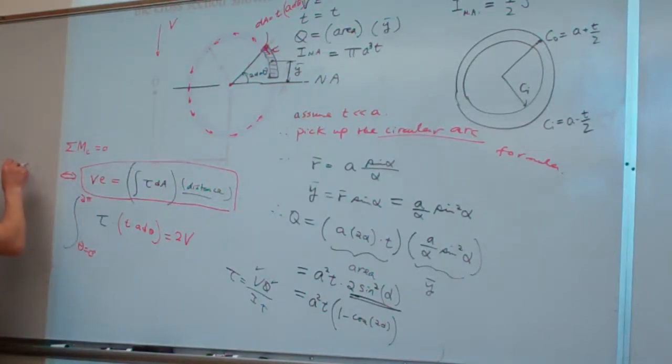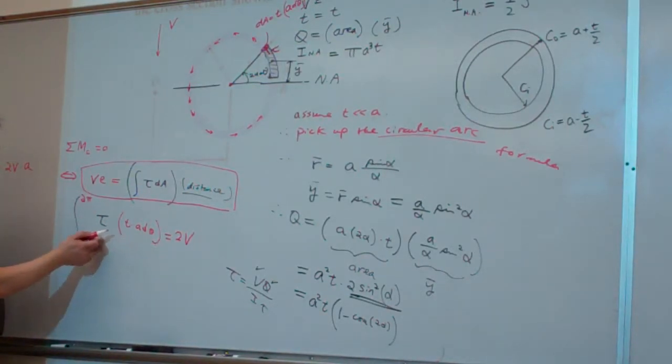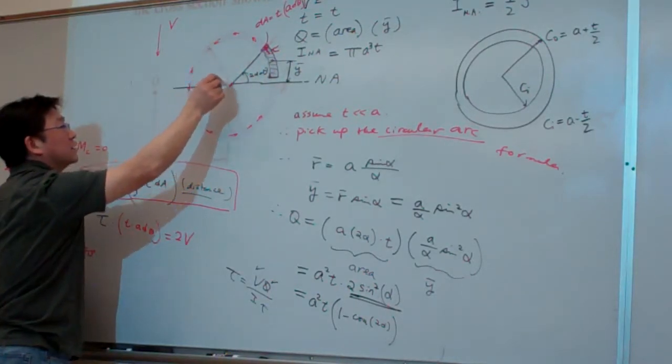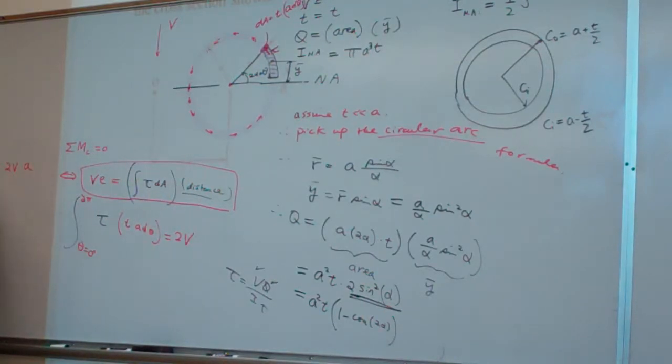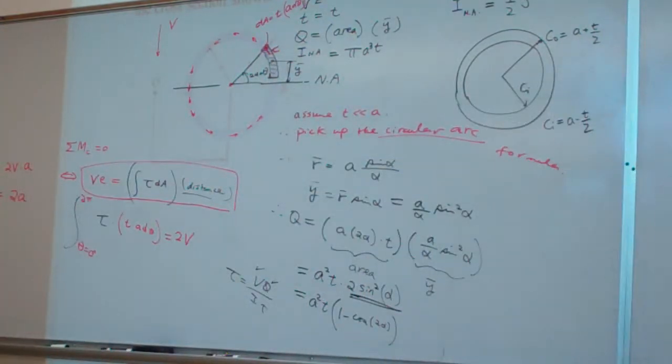So this is times A. Again, here the shear flow is about the circulation here. It is always a constant distance from the center here. So we take the distance as a constant. So from here we can calculate e will be equal to 2A. That's it. Okay. And so that is for this question.